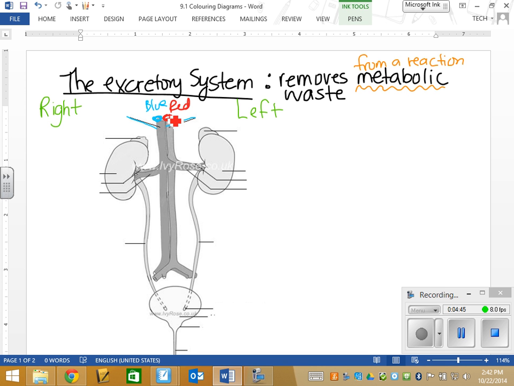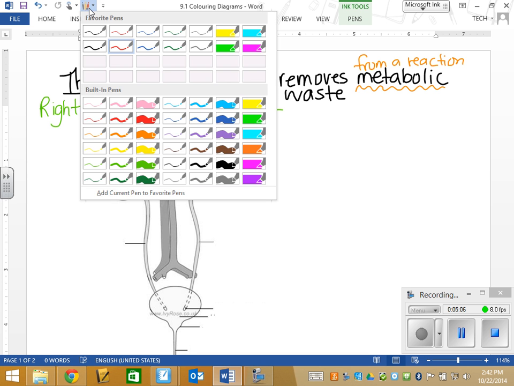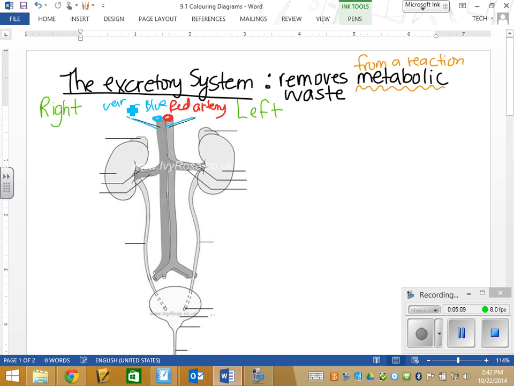Generally, arteries have oxygen, and I say generally because there is an exception that we'll talk about later in the circulatory system. But for the most part, arteries have blood that has oxygen in them, and veins have blood that does not, where the oxygen has been used up. And so generally, we would color arteries red, and we would color veins blue.